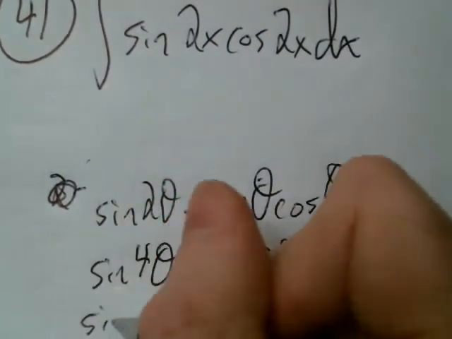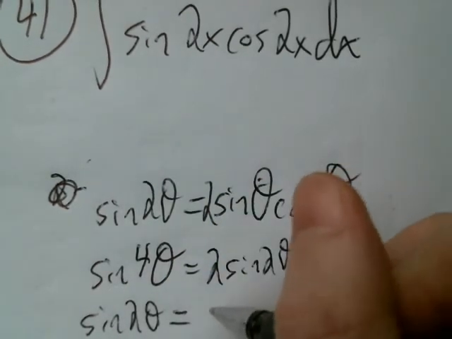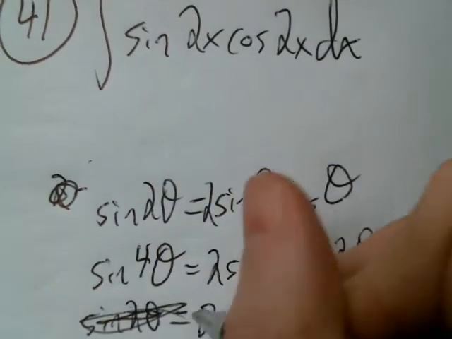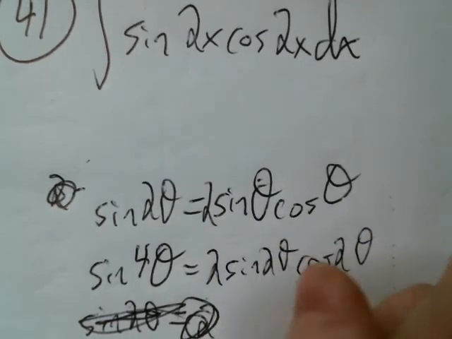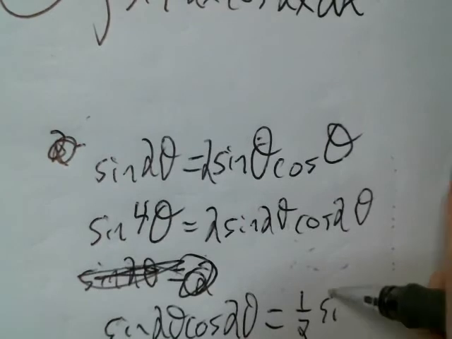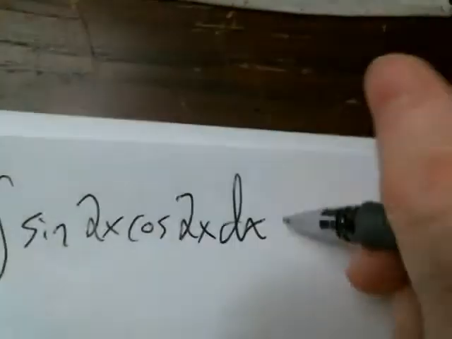So sine of 2 theta cosine 2 theta will equal 1/2 sine of 4 theta, right? So that's probably the first way they show on Calc Chat.